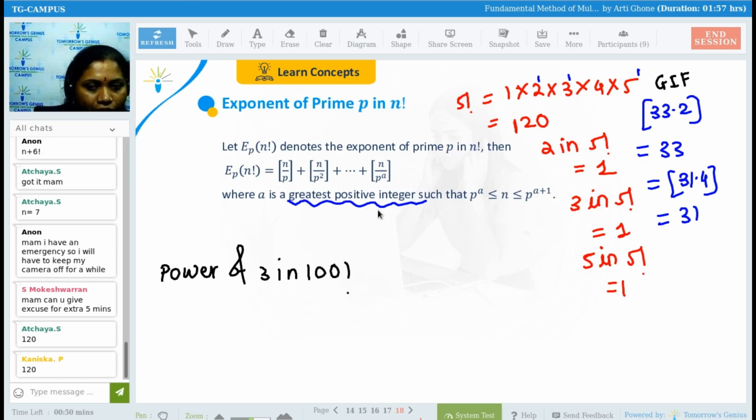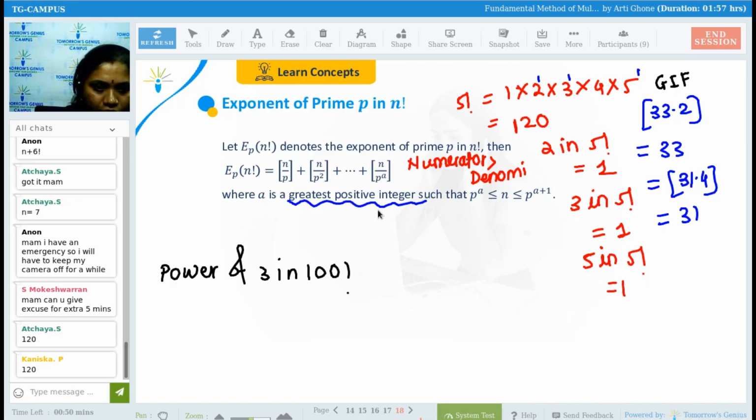Now we have to continue this unless and until p to the power a is greater than n. For that value only we have to take. Clear? Okay. Simply remember that the numerator must always be greater than the denominator.